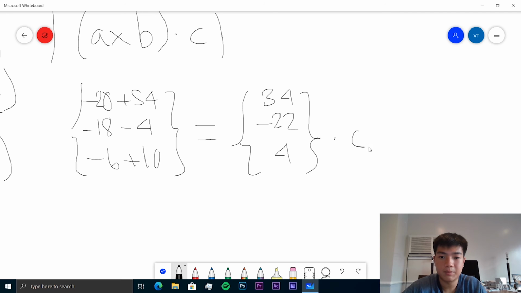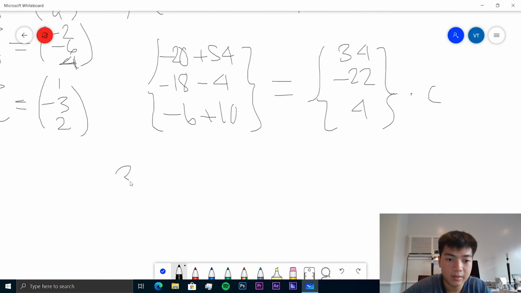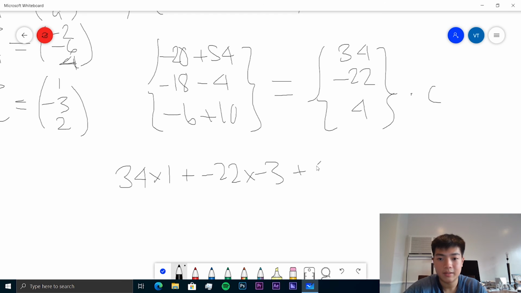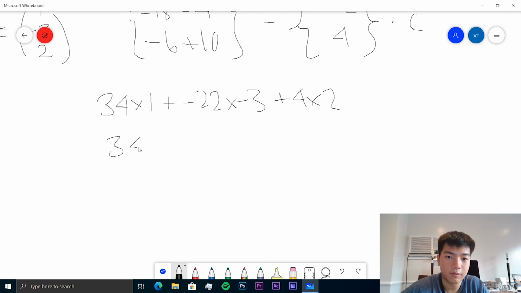So if we have to get the dot product with C, which is 1, 3, 2, we have 34 times 1 plus negative 22 times negative 3 plus 4 times 2. So it's 34 plus 66 plus 8. So this should be equal to 108 units.